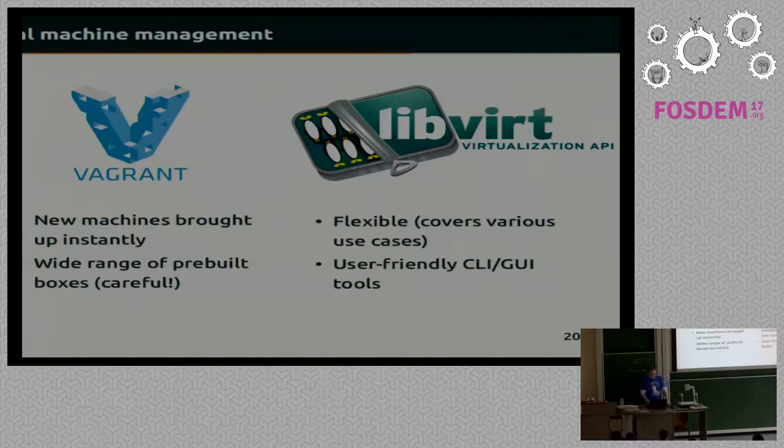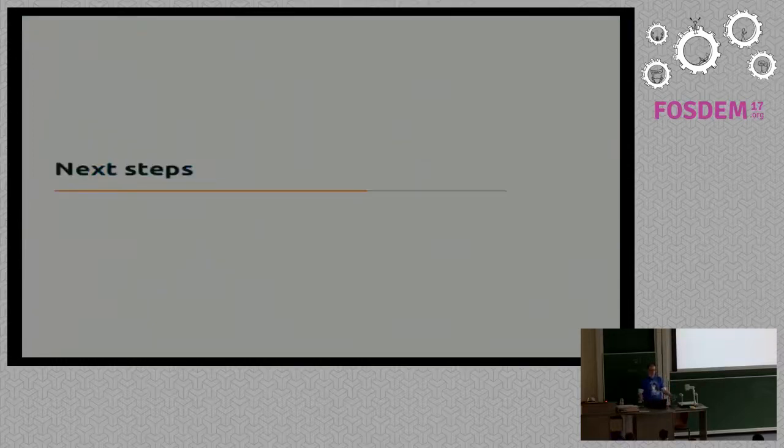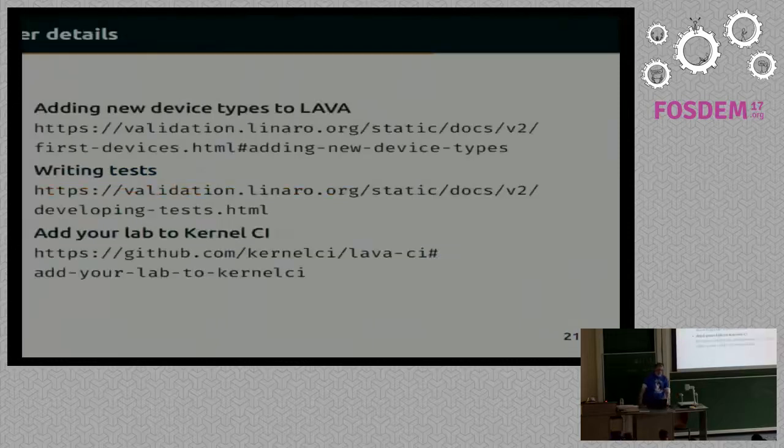Once you have it all set up, you might consider your next steps. One of the possible follow-ups to setting up a new Lava laboratory could be adding completely new device types to Lava. This time, actual, physical devices.